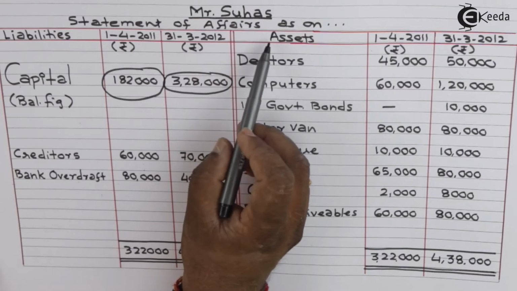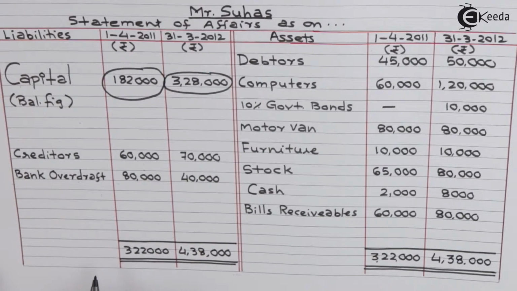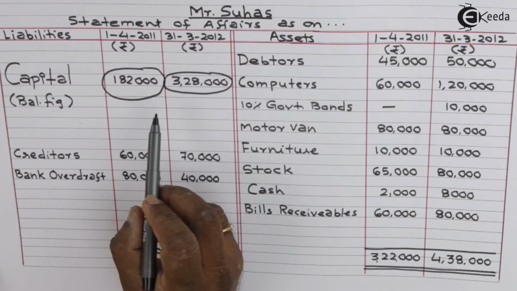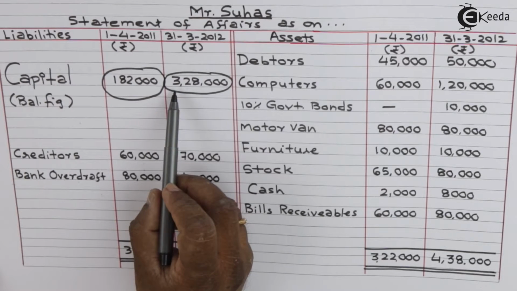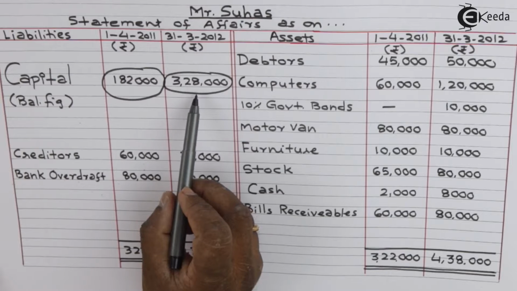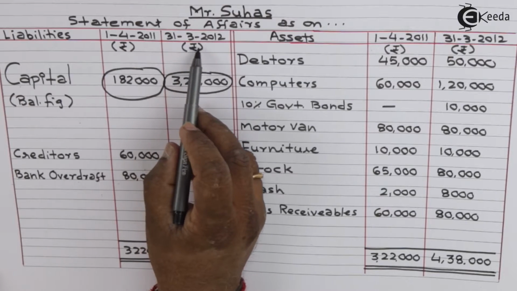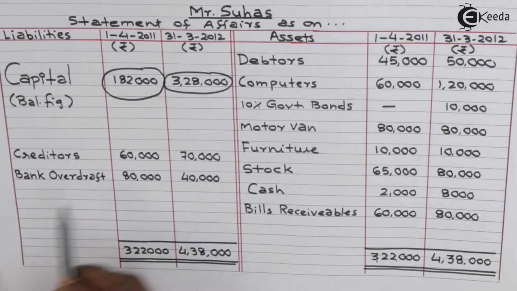By preparing the statement of affairs, we have calculated closing capital 3,28,000. Closing capital as on 31st March 2012 is 3,28,000.